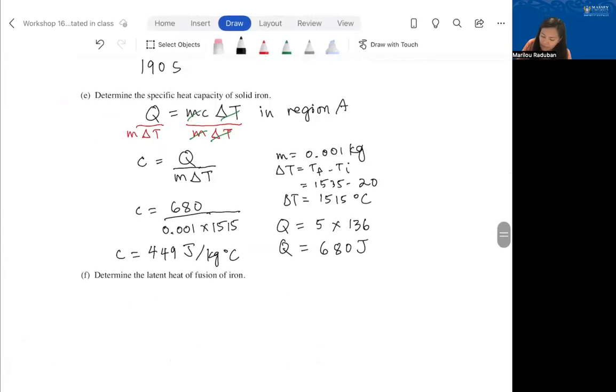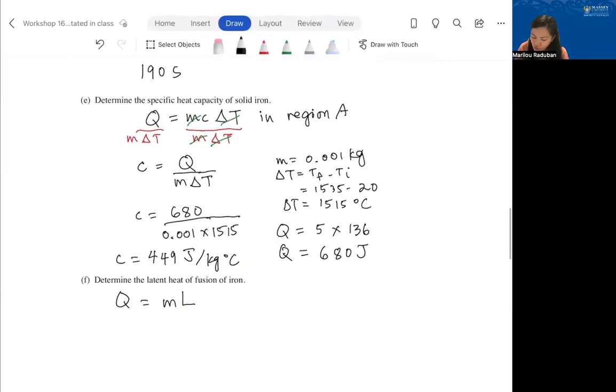Latent heat, Q is equal to mass times latent heat of fusion in this case, because you're melting. The mass is the same iron that's melting, so the mass will also be 0.001 kilograms.